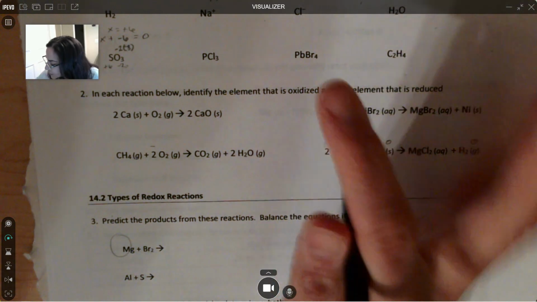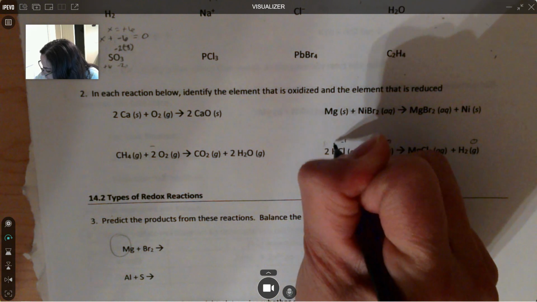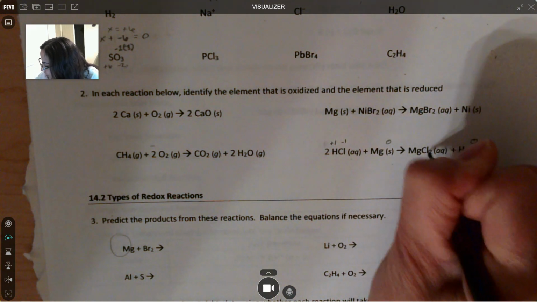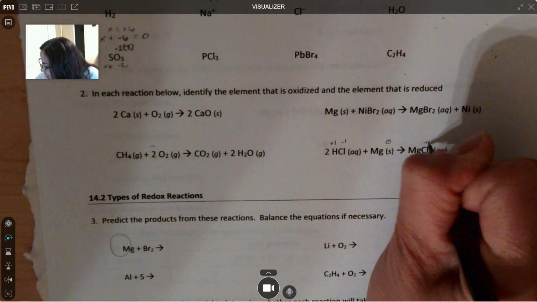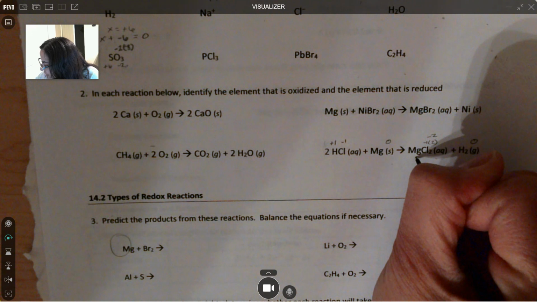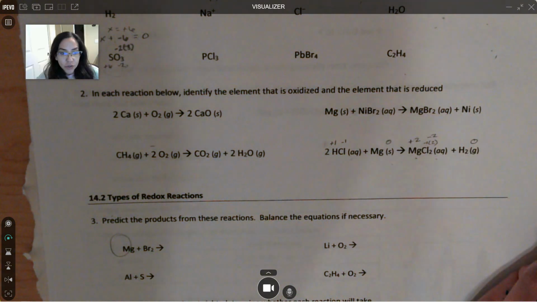Aqueous, where we're going to have to decide, well, what is the charge on all of these? Chlorine is a -1, and hydrogen is a +1. When it goes over here, we have chlorine with a -1, but there's 2 of them, so we're going to have a -2 charge. And magnesium, in this case, is going to be a +2 charge with it.